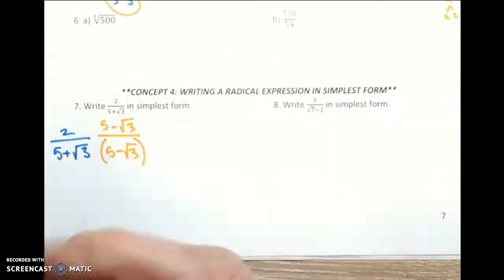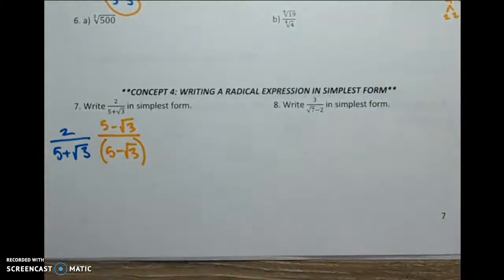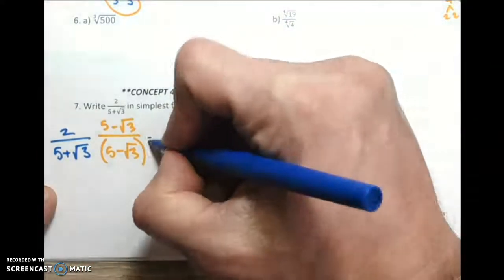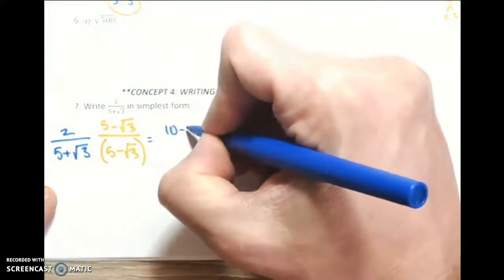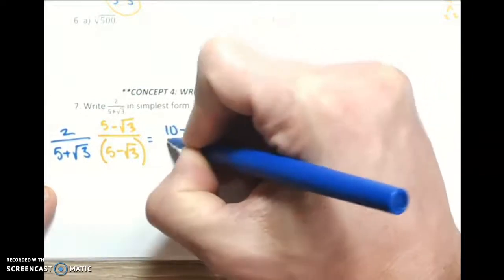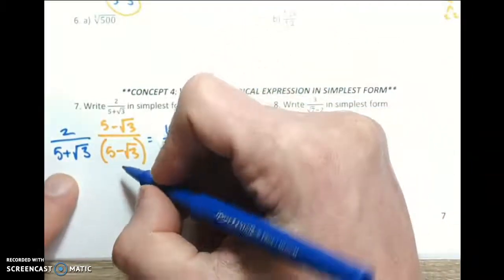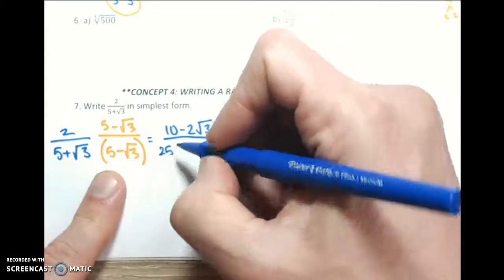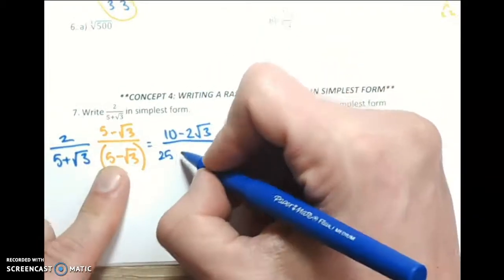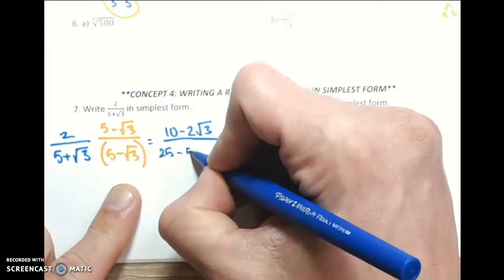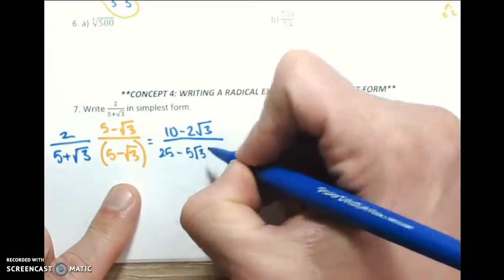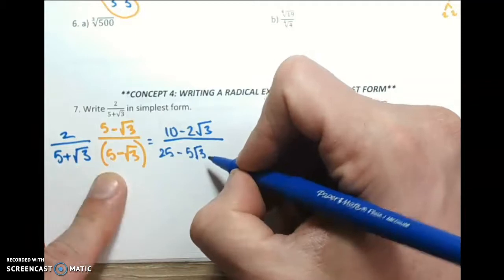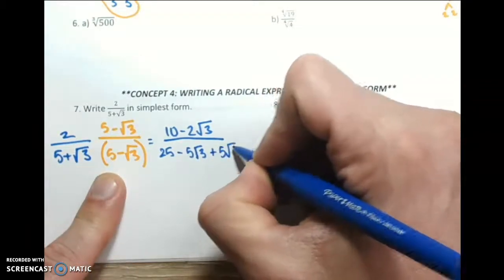Okay, so when I do that, on the top I get 10 minus 2 root 3. On the bottom, I'm just FOILing here. First, 5 times 5 is 25, and then 5 times negative root 3 is minus 5 root 3, and root 3 times 5 is plus 5 root 3.